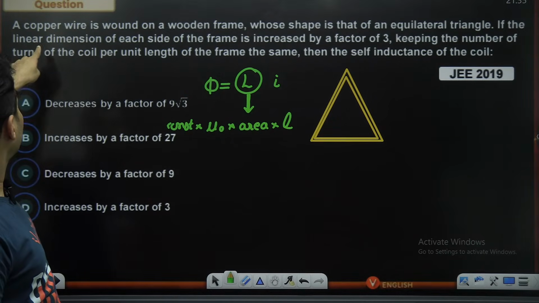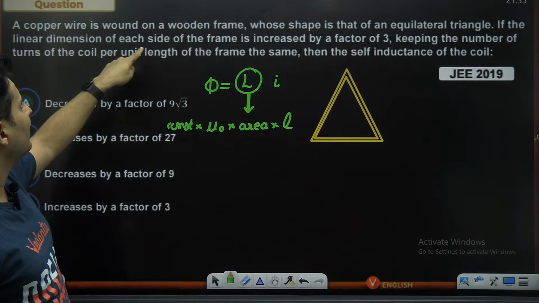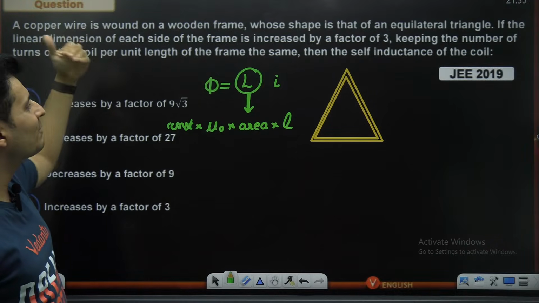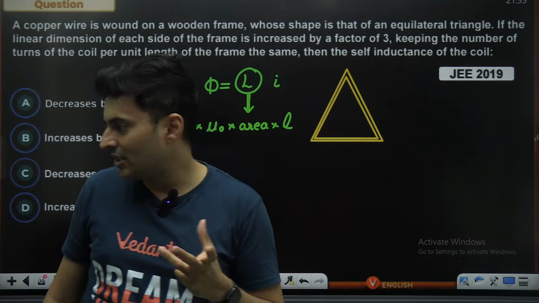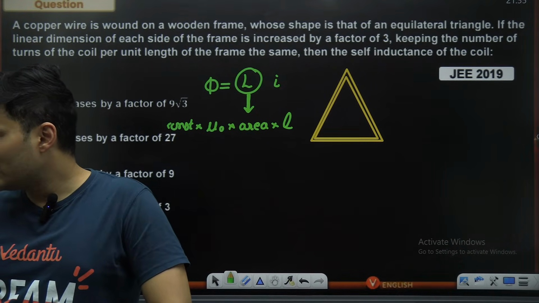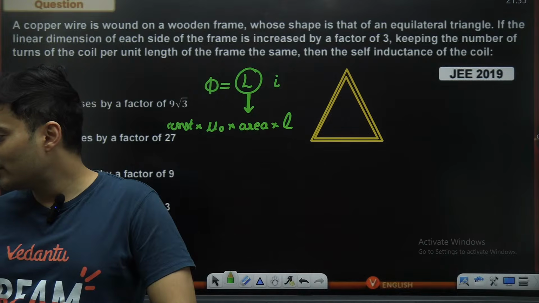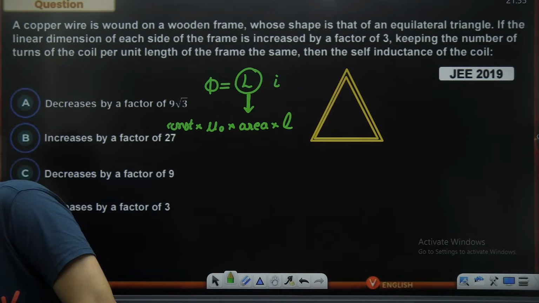See, if the linear dimensions of each side of the frame is increased by a factor of 3, if you change the dimension, what will happen? Think carefully. If you change the dimension and increase it by a factor of 3, what do you think will happen, guys? Come on, answer it in the chat box quickly, everyone.